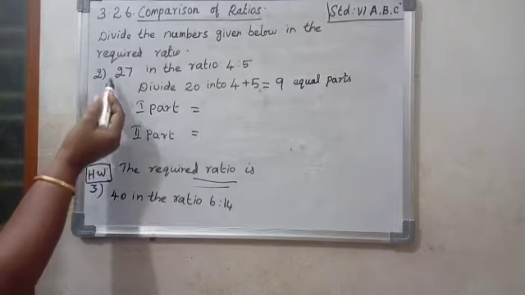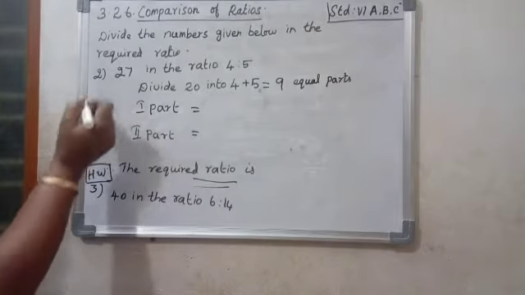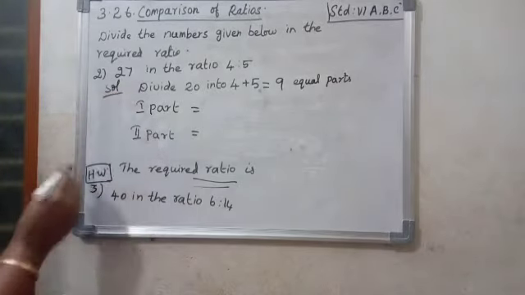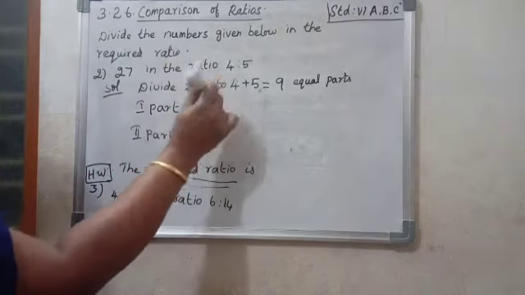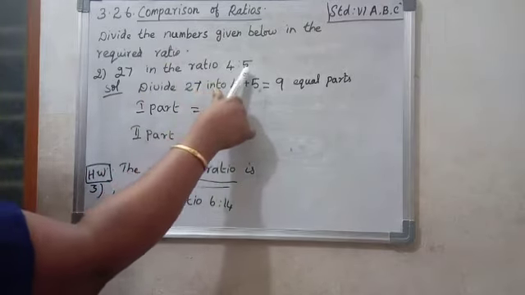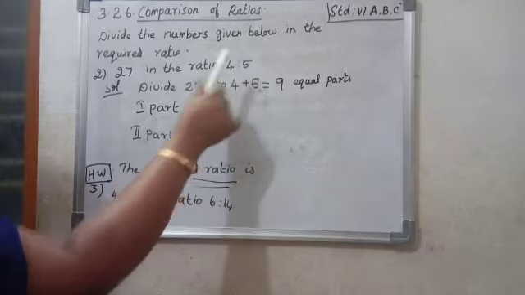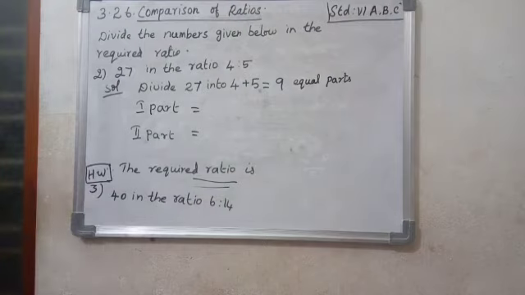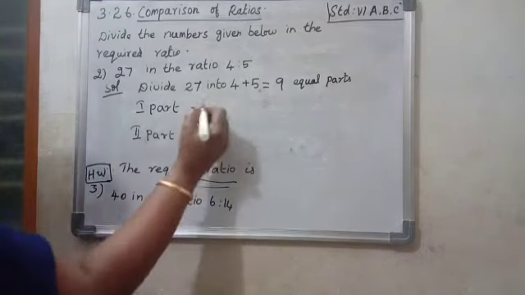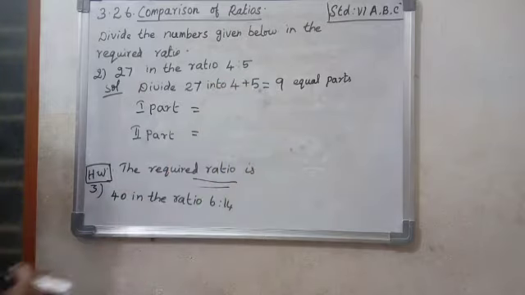Here the total value to divide is 27. Divide 27 into 4 for the first part and 5 for the second part. So 4 plus 5 is equal to 9 equal parts. Next we find the first part.